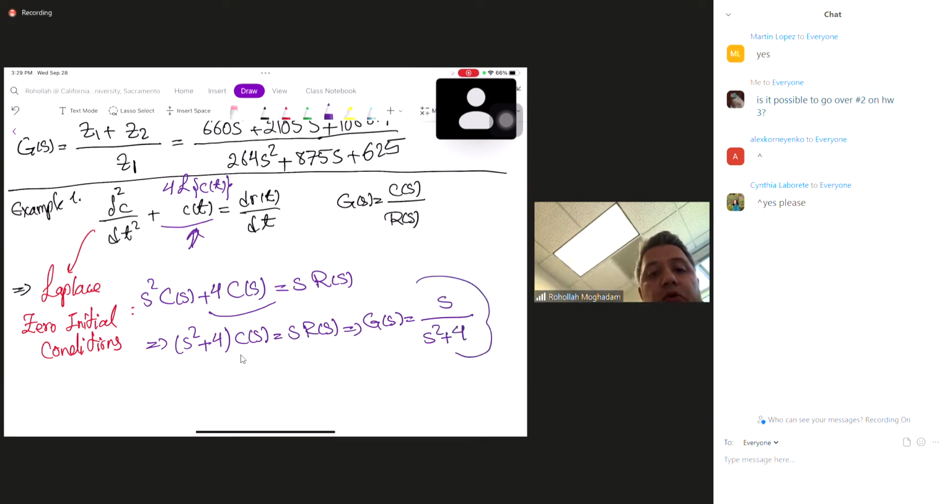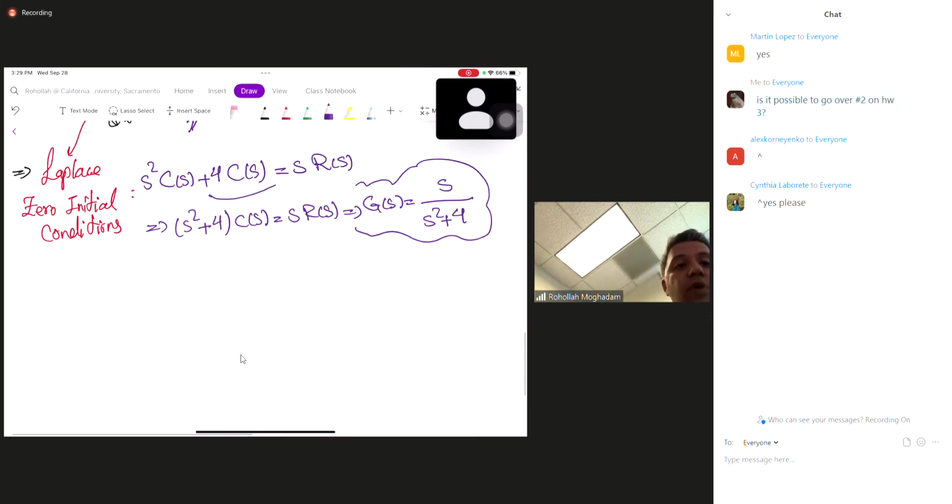Okay, so one more point here. I have seen some students who came up with the correct polynomials multiplied to C of s and R of s.